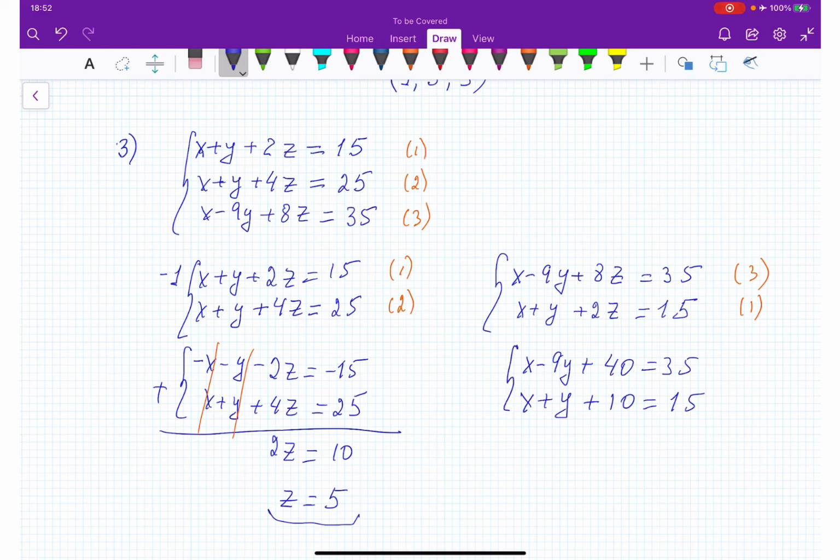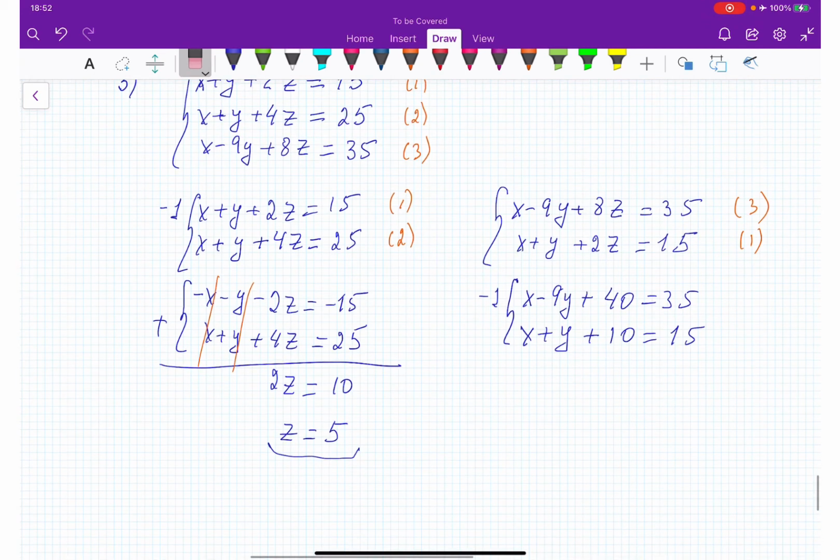Okay, so I can get rid of x, so x and x are multiplied by -1. So it's going to be negative x plus 9y, because I'm distributing -1 by every single term, minus 40 equal negative 35.